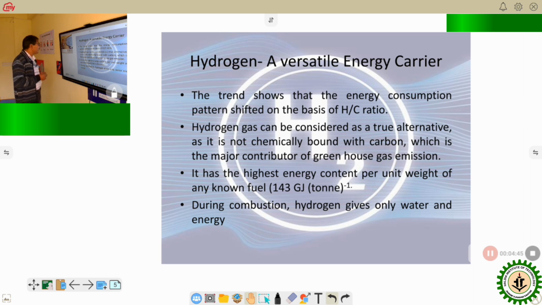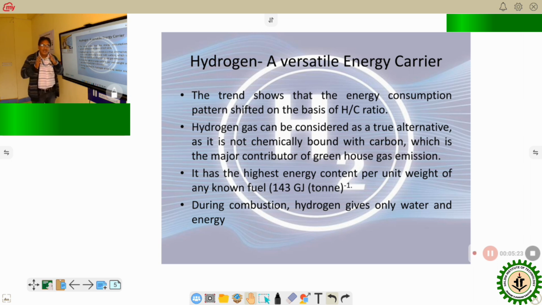And all you know that the energy source, whether solid, liquid or gaseous, is fossil fuel. So it is mainly composed of hydrocarbons, and we extract the energy while we burn it, right? When we burn this hydrocarbon, it yields water and carbon dioxide, if we consider complete combustion. Now the hydrogen by carbon ratio is gradually increasing.